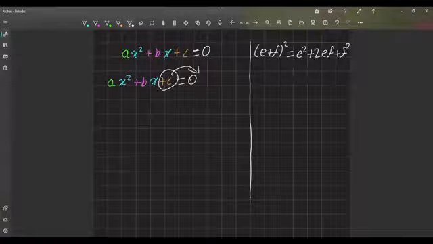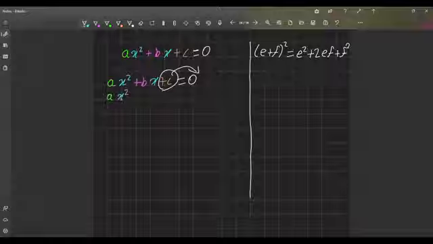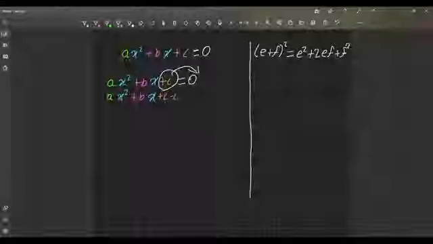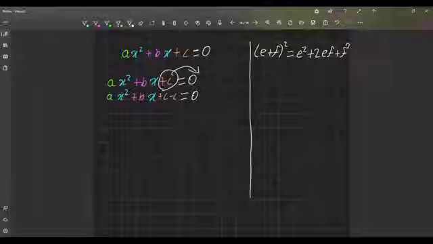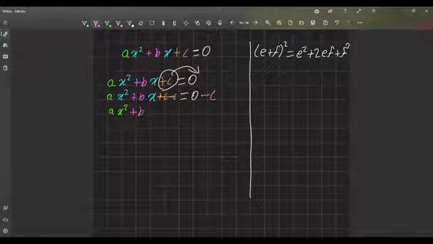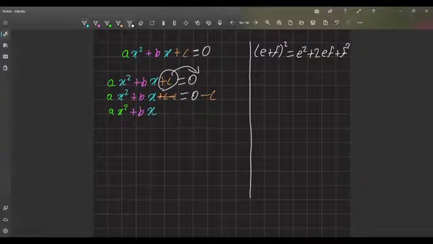So it becomes ax² + bx + c - c = 0 - c. This would cancel out, giving us ax² + bx = -c. Okay, we got to this form of the equation.